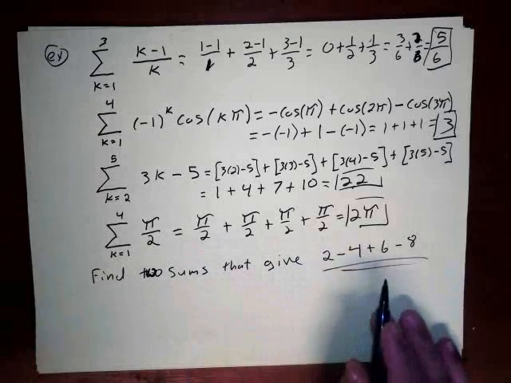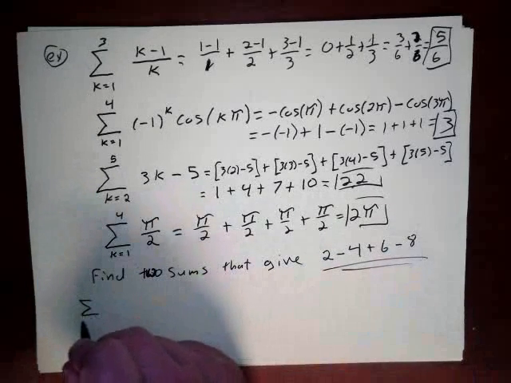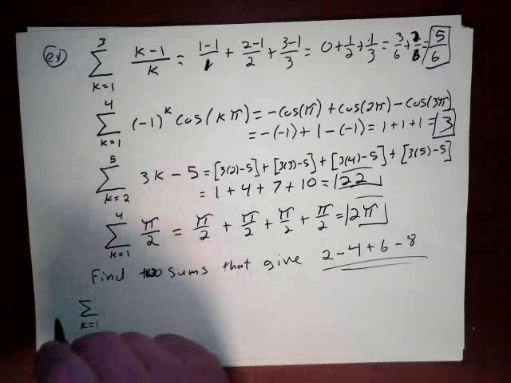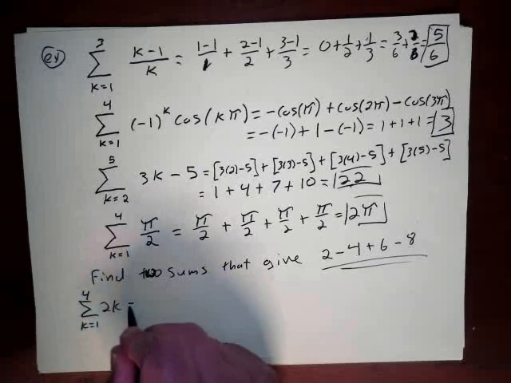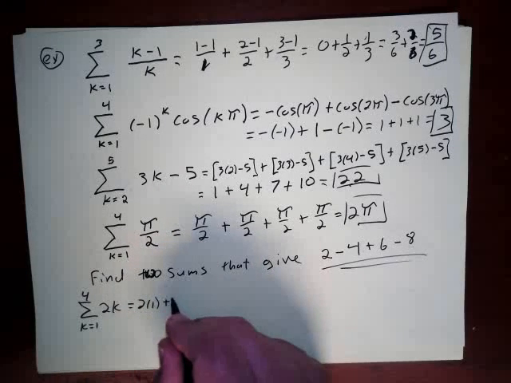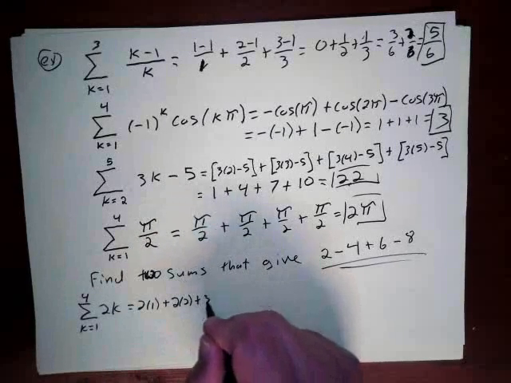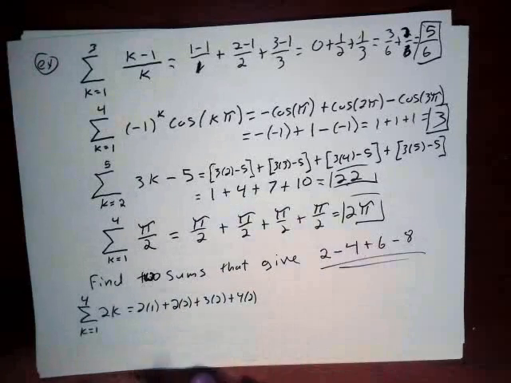Okay, so did you find 2 sums that give you this? Well, first of all, notice if I had k equals 1 to 4, and this was 2k, then I would have like 2 times 1 plus 2 times 2 plus 3 times 2 plus 4 times 2.